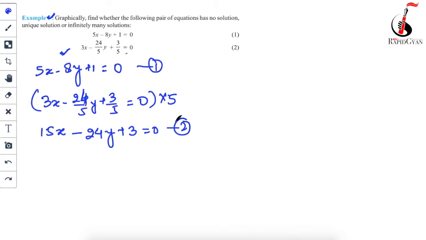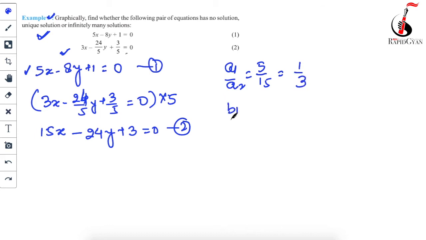Now the question says you will have to solve it graphically, but I am going to showcase how you can solve this with the a1 upon a2, b1 upon b2 and c1 upon c2 concept. Although I will show you graphically, I want to show you that concept. So let's find a1 upon a2. A1 is 5, A2 is 15, which is 5 upon 15, equal to 1 upon 3.